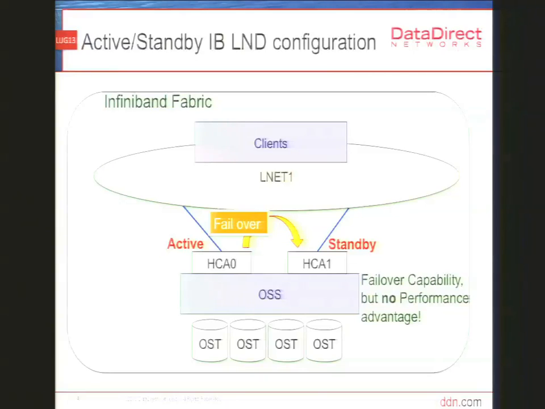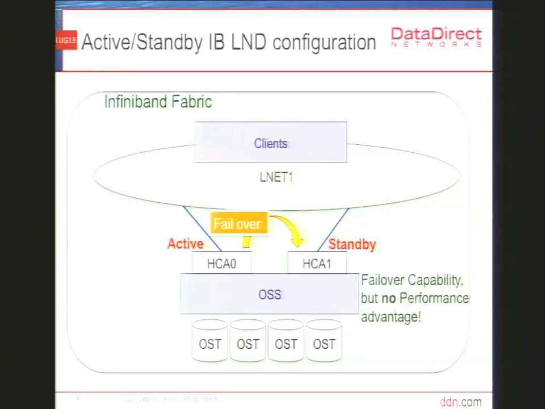Then we have to create a bond interface using the two interfaces. We also have to create the Lustre network with the InfiniBand network driver using the bond interface, for IP over IB. When a client accesses the OST, the client uses the active path.